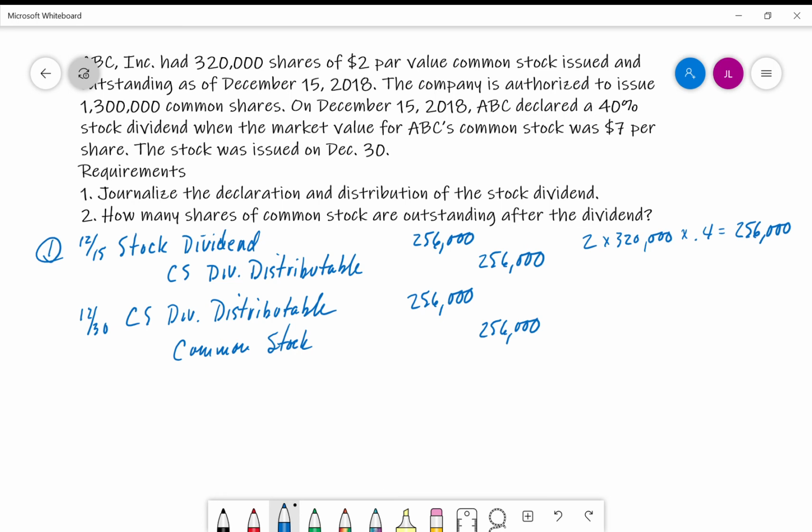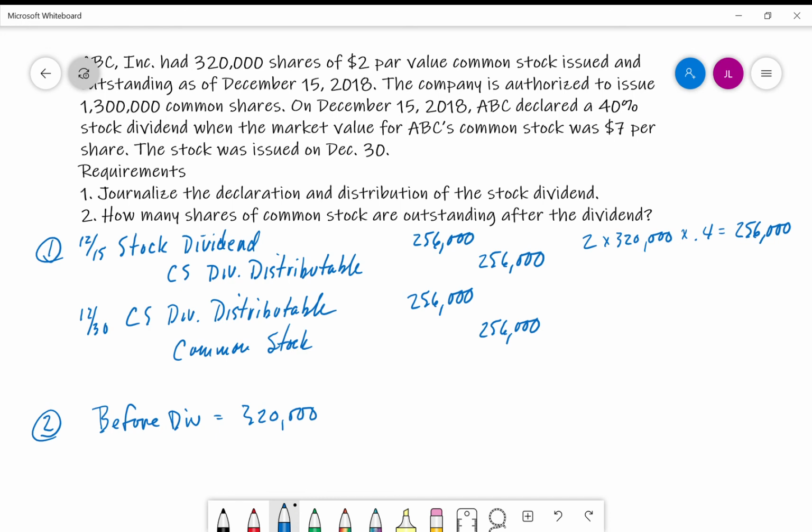Number two, how many shares are outstanding after the dividend? Well, if we look at this, before the dividend we had 320,000 shares. Okay.